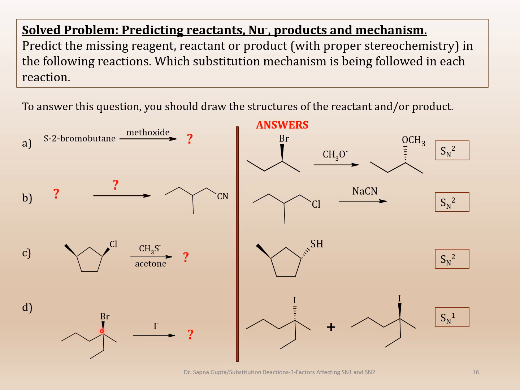And then here we have a bromide, which is a tertiary halide. Yeah, you can see where we are going with this one. Okay, so you have iodide as the nucleophile. So in this case, this should be an SN1 reaction. Okay, now this is not the end all for all reactions. There are more videos that I have made for you. So make sure you go through those to see more reactions, because yeah, you need more examples.